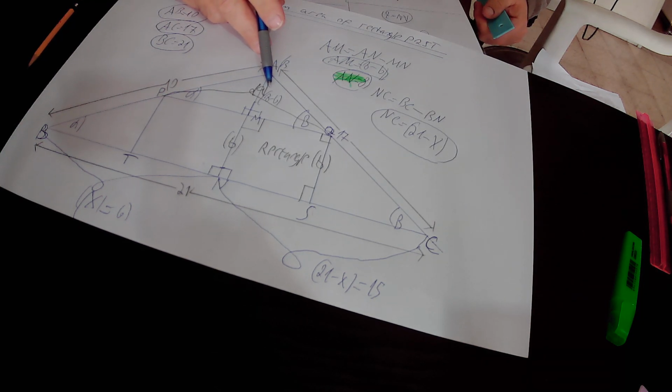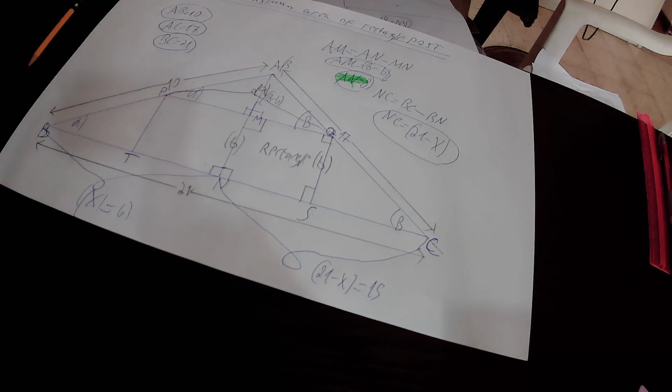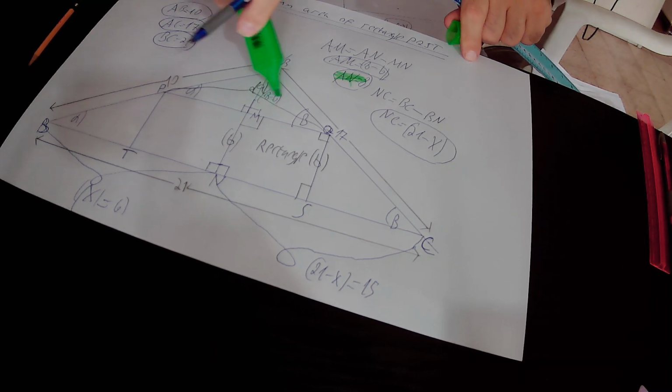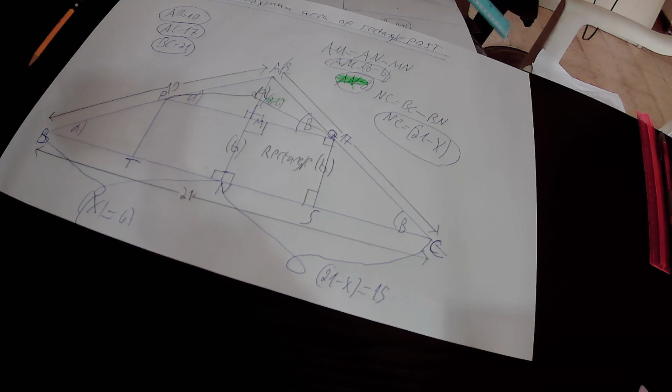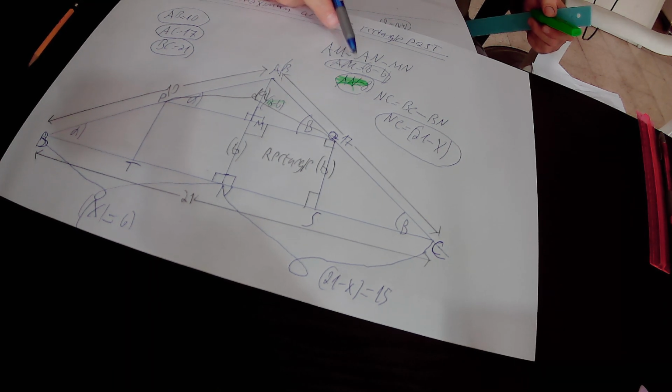AM equals 8 minus b. So we substitute AM by 8 minus b over AN, and AN equals 8, so we substitute AN by 8. And it equals PQ.